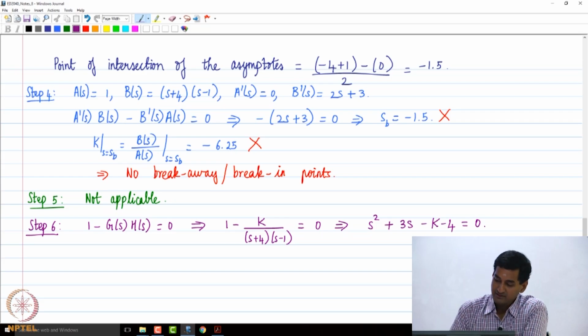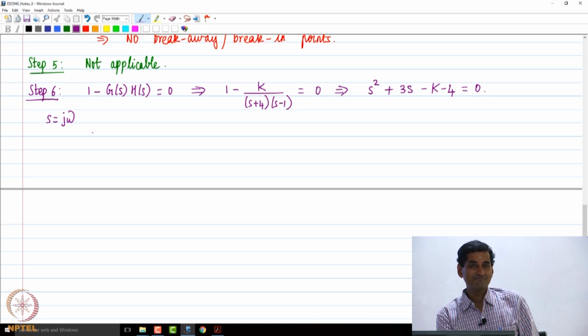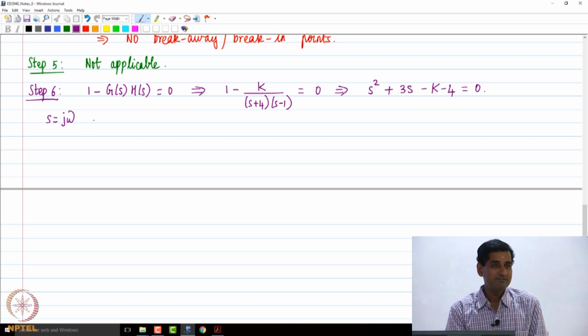Now in this closed loop characteristic equation, you substitute s equals j omega. Why do we substitute s equals j omega? Because on the imaginary axis, the structure of s is of the form j omega, because the real part is 0. That's why we are searching for whether there are solutions of this structure.